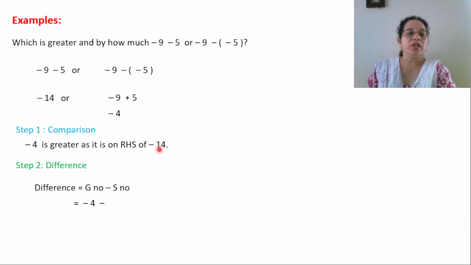The number goes with its sign, so we write minus 14. Two minus signs are there, so we write this number in a bracket. Negative of a negative will become positive. Now signs are different. Subtract the numbers, and the greater number's sign will come in the answer. So the answer will be plus 10. Easy, very easy.